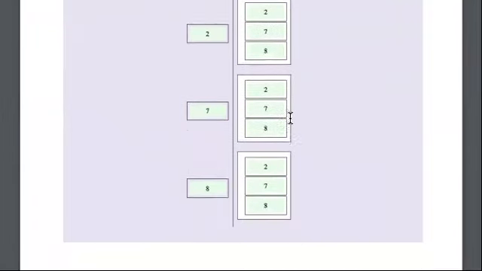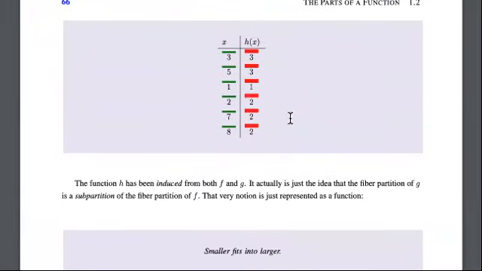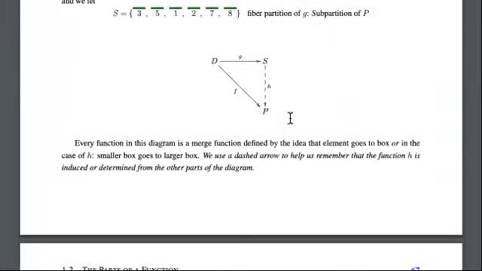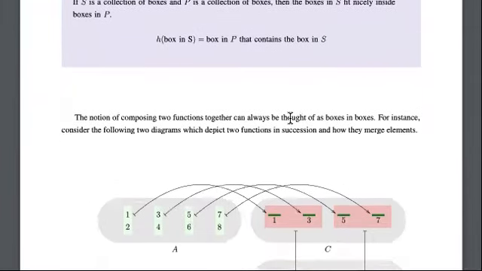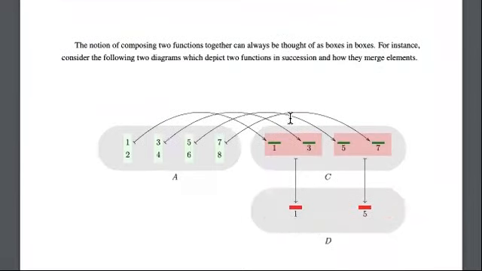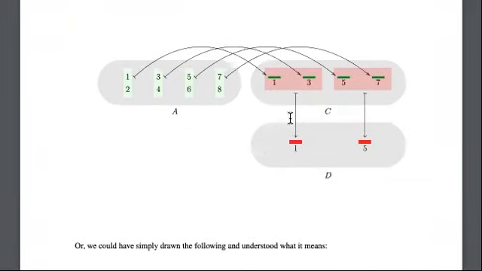I'm just going to scroll down here for a little bit, and let's take a look at another function. Let's suppose that we have a function that goes from A to C. So 1, 2 is like a fiber for an element here.